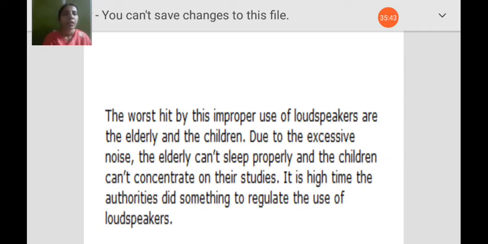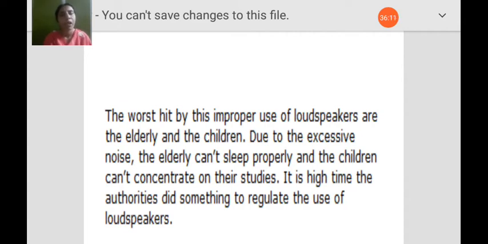Due to the excessive noise, the elderly can't sleep properly and the children can't concentrate on their studies. In the hints, we wanted to write something about children and adults, so that's why I have brought it in here. The worst hit people by this improper use are elderly and children.